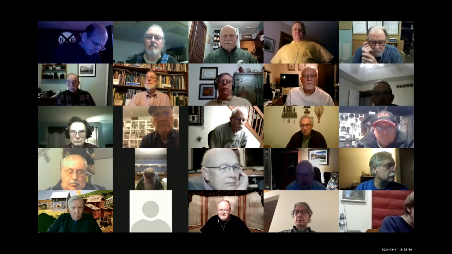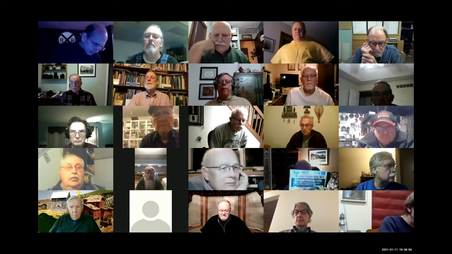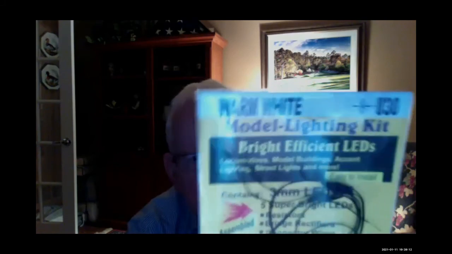These are warm white LEDs, 3 millimeter, and the nice thing about these particular ones is they have the resistors built in, and actually I think it has a resistor and a bridge rectifier, so you don't even have to worry about wiring in your own resistors.